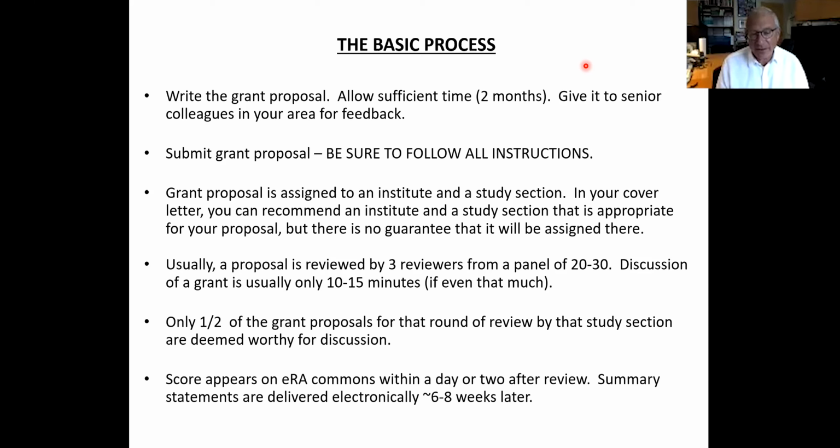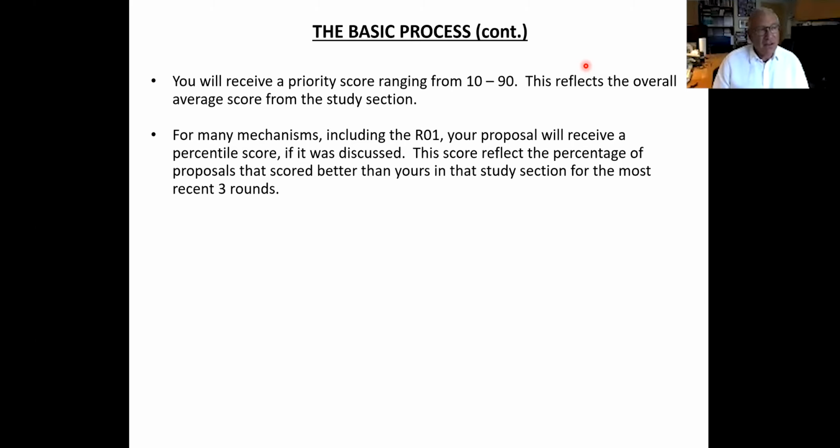They sort of keep a running average of that. And this way sort of evens the playing field so that it's the percentile score that drives funding decisions at institutes.